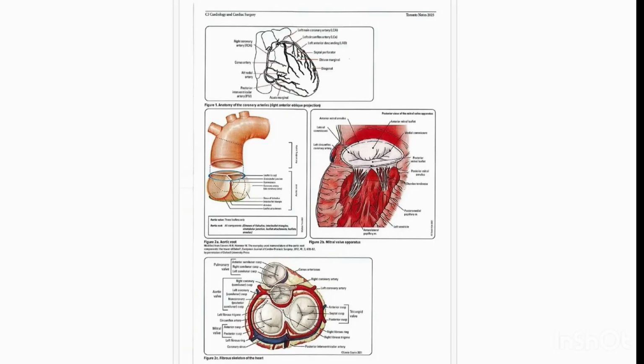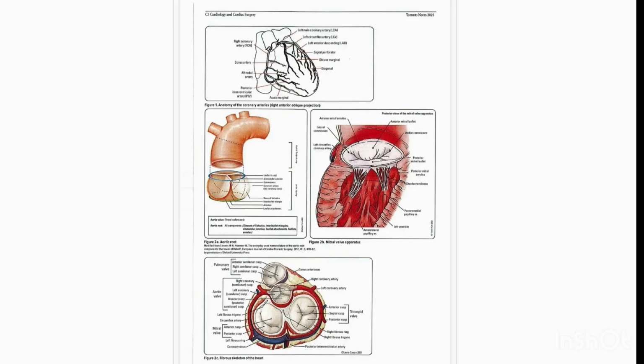Let's review the foundational anatomy of the heart, beginning with the coronary arteries as seen in a right anterior oblique projection in Figure 1. The blood supply originates from the root of the aorta, splitting into the right coronary artery or RCA and the left main coronary artery, the LCA.